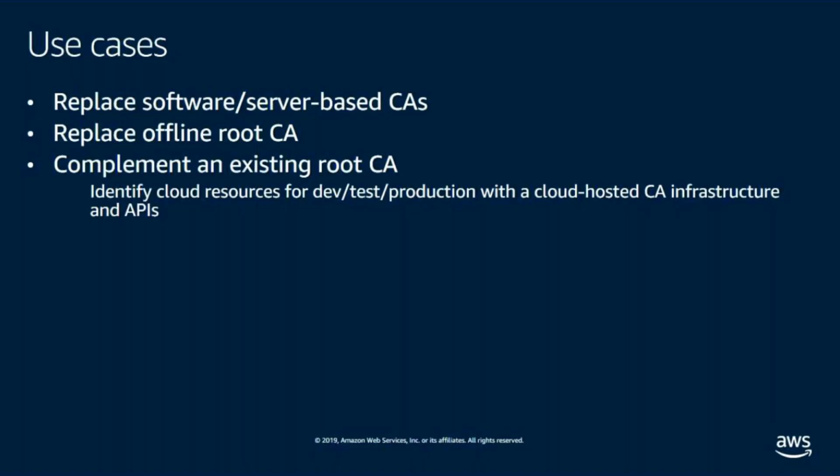A common goal developers want is to have a common environment across dev, test, and production, so that when they test in their test environment, they know it's going to work in production because it's the same. Really, the goal is to allow developers to go faster by automating certificates and certificate management and building this automation with private CA APIs.